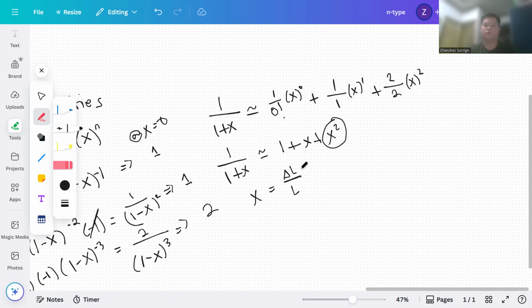And then a small number divided by a large number, well, the quotient to be a small number as well. And then kung i-squared pa natin yun, that will become very small such that magiging negligible na siya. Okay, so we will not use the x squared term. Interested lang tayo kay 1 plus x. Now, see 1 over 1 plus delta L over L. Sulat ko.